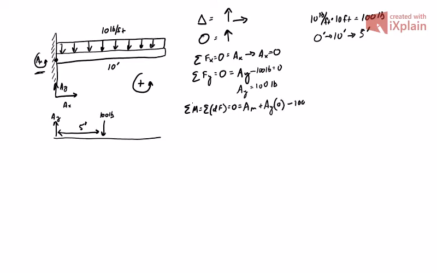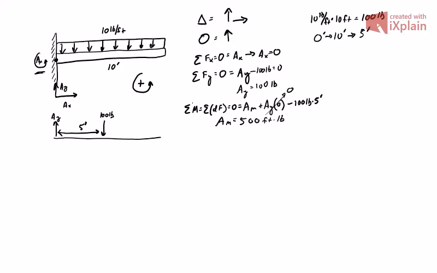And then we have our 100 pounds that's 5 feet away. Since that provides clockwise rotation, that one's going to be negative. A sub Y times 0 is 0. Therefore, our moment at the wall is 500 foot-pounds.